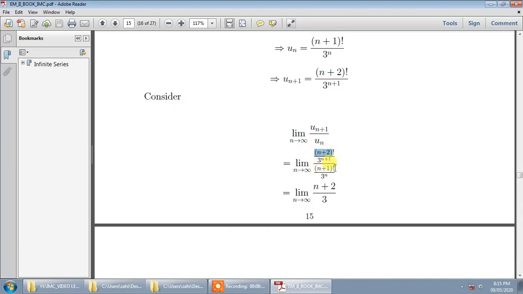Now n plus 1 factorial I am not going to change, but n plus 2 factorial I am going to write as n plus 1 factorial into n plus 2. So you will find that n plus 1 factorial will get cancelled.